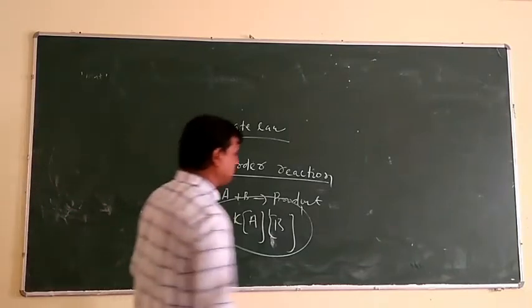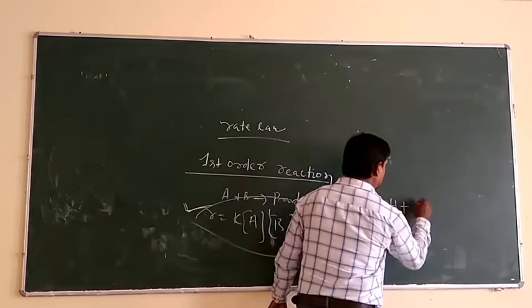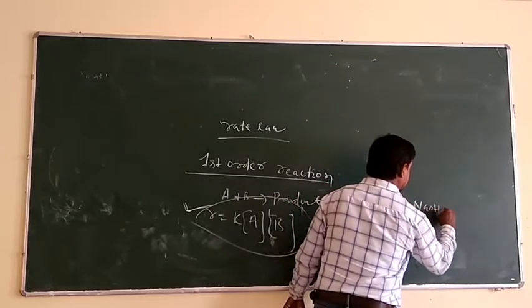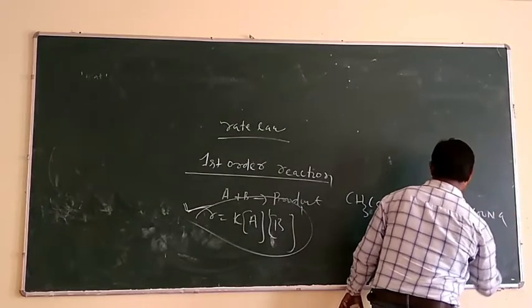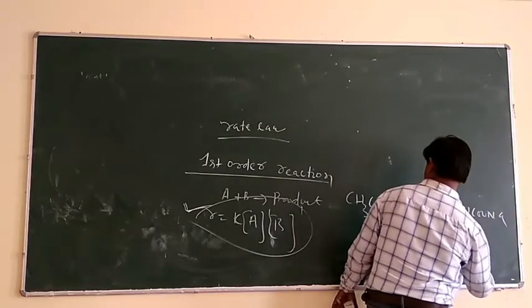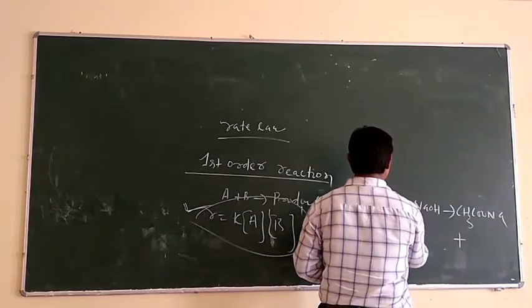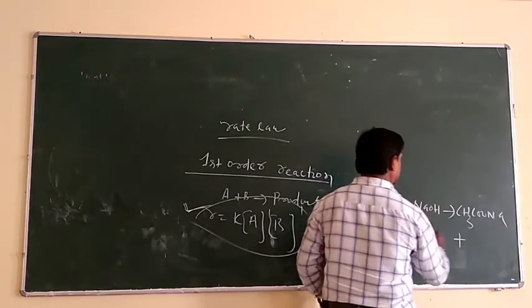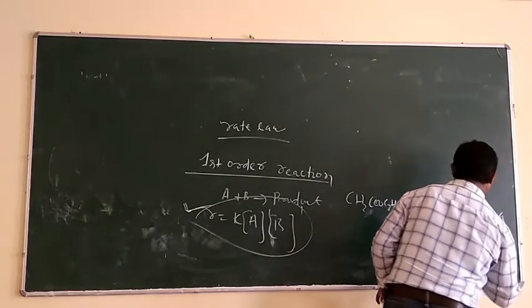For example, you take ester with alkali: CH3COOC2H5 plus NaOH gives CH3COONa plus C2H5OH.